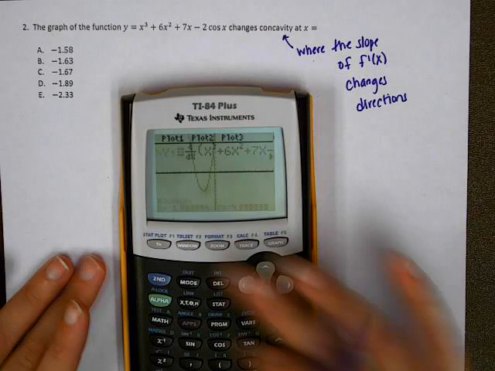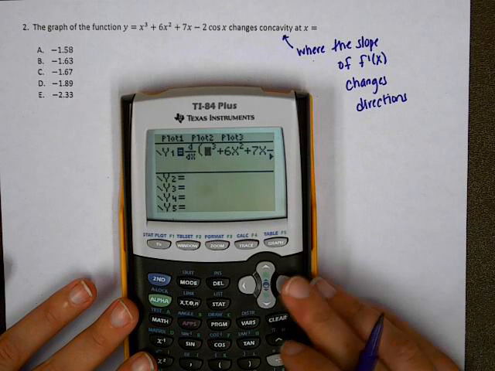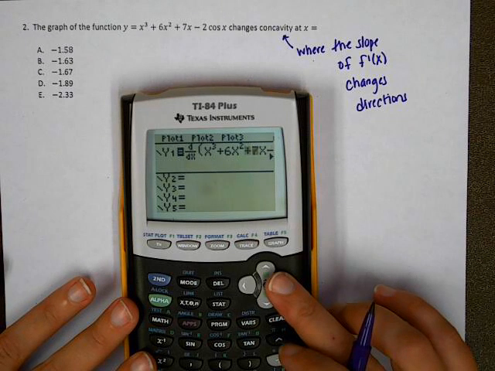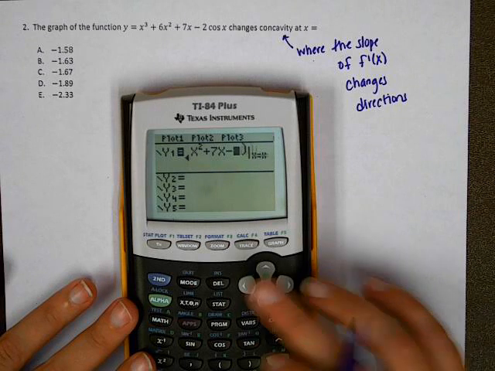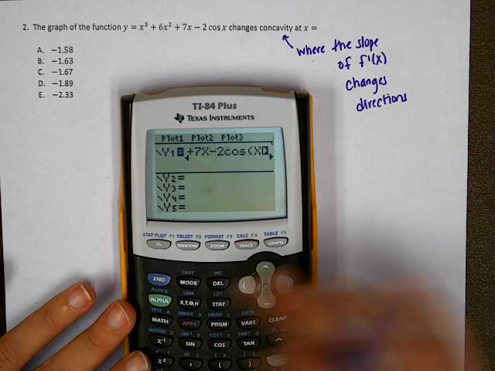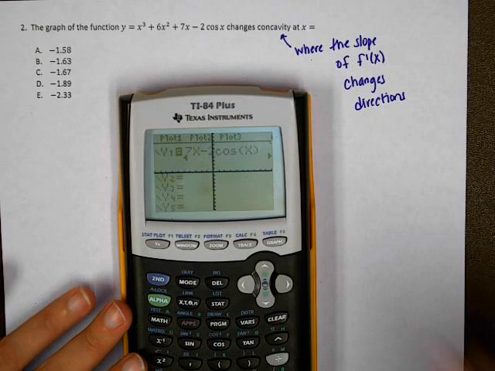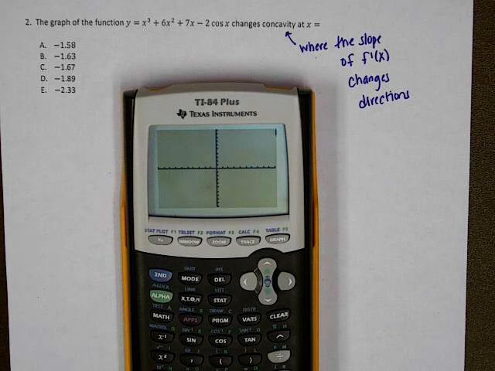1.9. Did I type something in wrong? X cubed plus 6x squared. I might have also just typed, oh, I forgot the cosine. Got it. That's the problem. Okay, let's try this again. Let's go back to our graph. There we go.